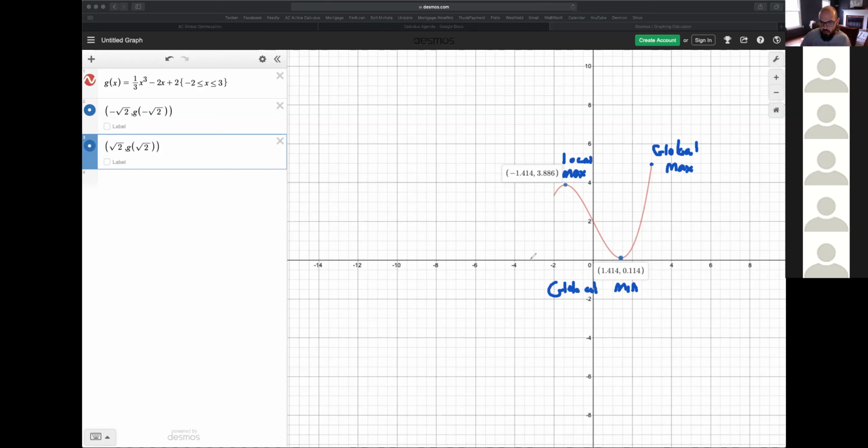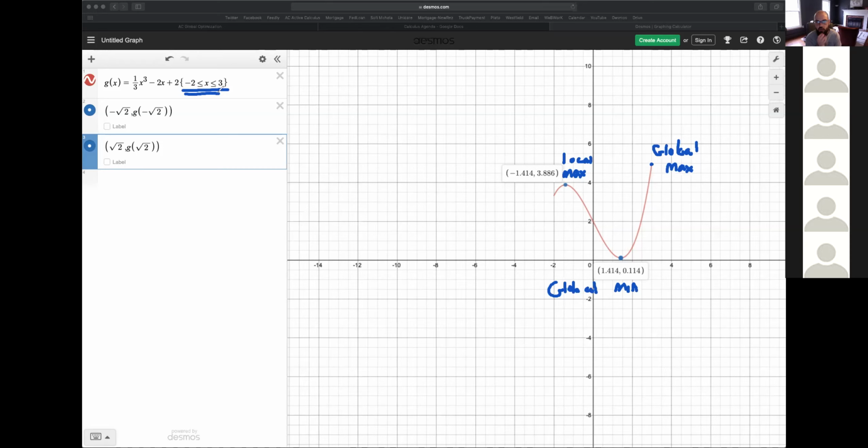Nothing else is below this 0.114 on this interval. So even though for the actual graph it goes lower, since we're looking at this interval, that would be the global min. Correct. Yep. So it's the global max and global min on this particular interval that we've restricted ourselves to.